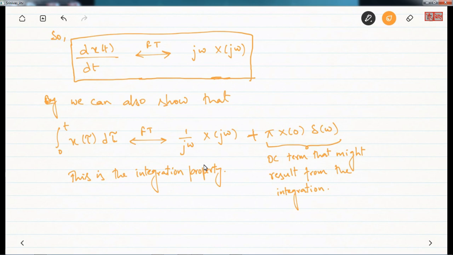I'm not going to prove this right now. You can find this proved in some of the textbooks also. Whenever they state any of these properties, they will also prove it, right?